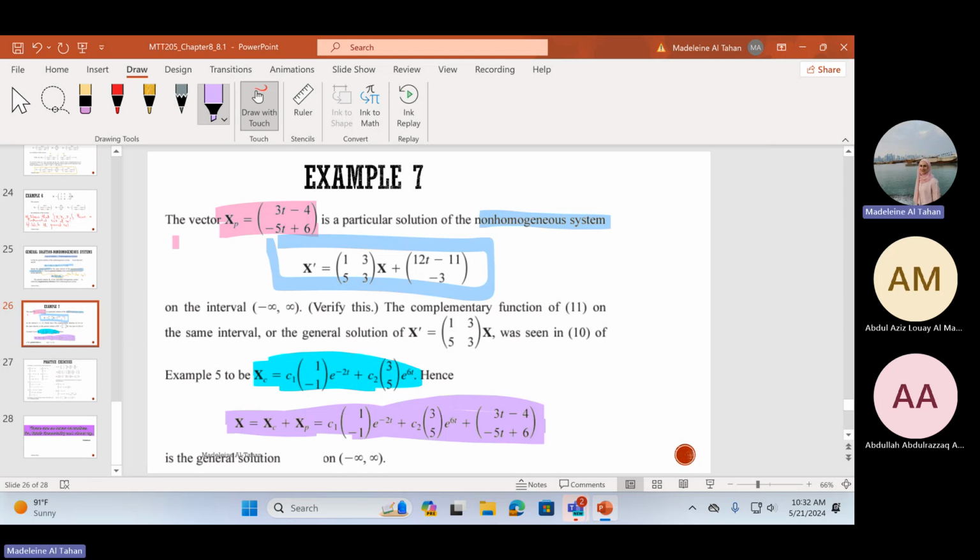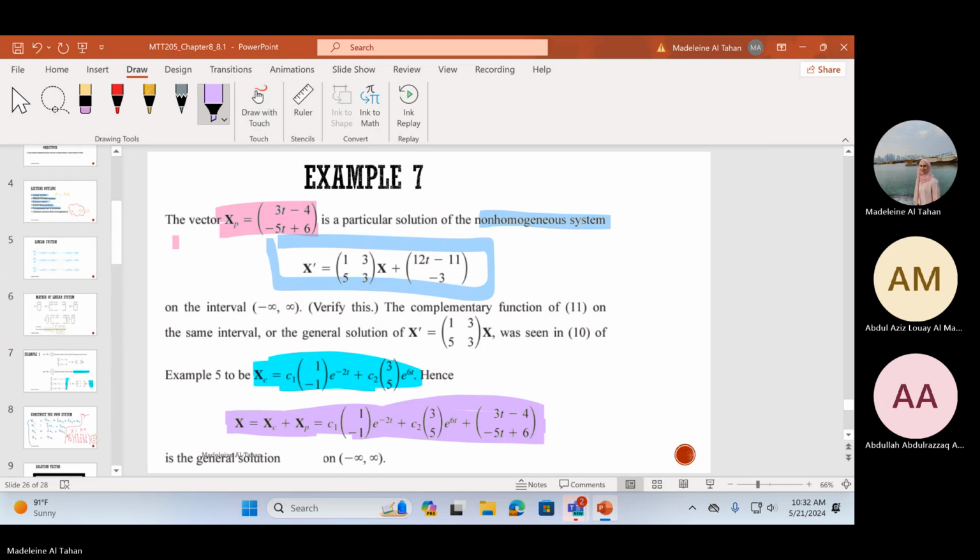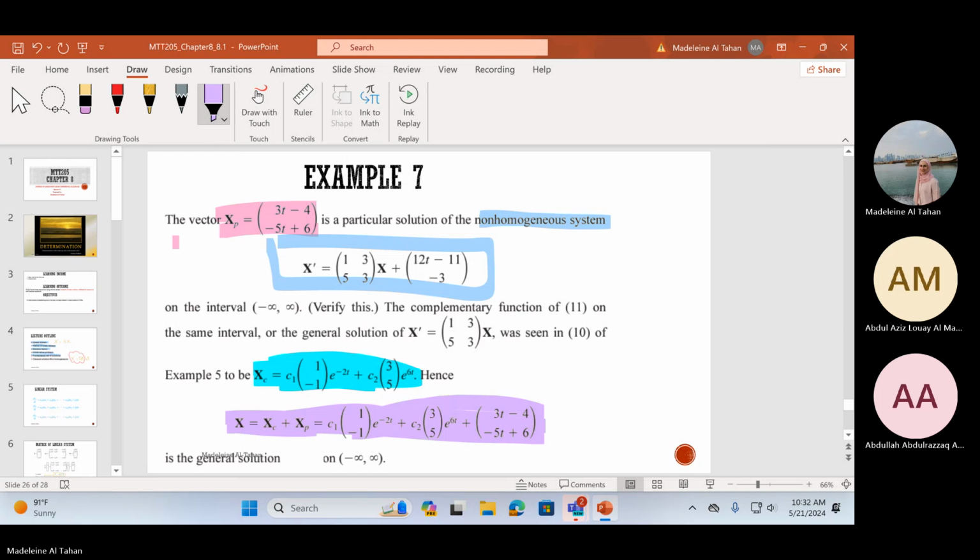Do we have any questions? You know how to prove that this is a particular solution, right?